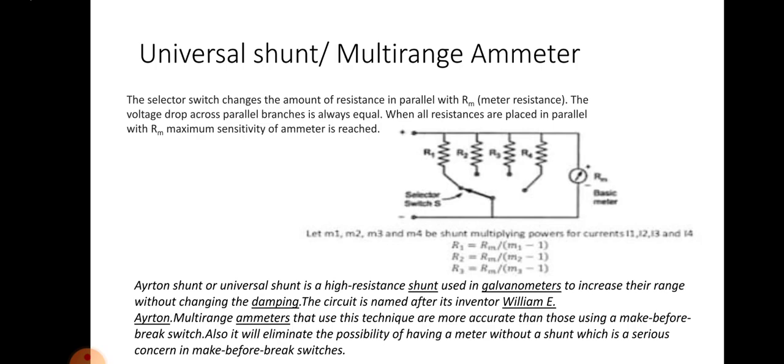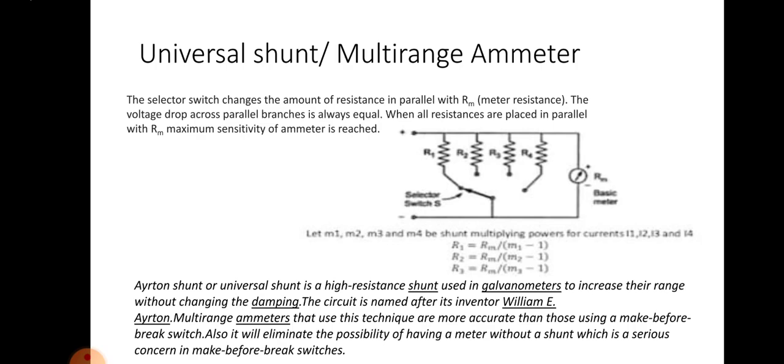Now the Ayrton shunt or universal shunt is a high resistance shunt which is used in a galvanometer to increase its range without changing the damping. The circuit is named after its inventor William E. Ayrton. So this scientist invented this type of universal shunt, so the name is given after him.